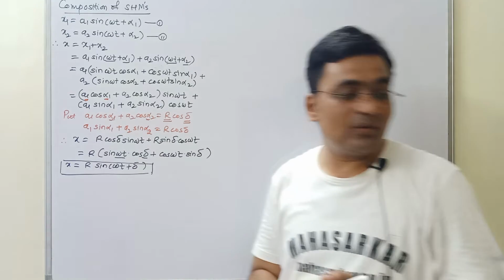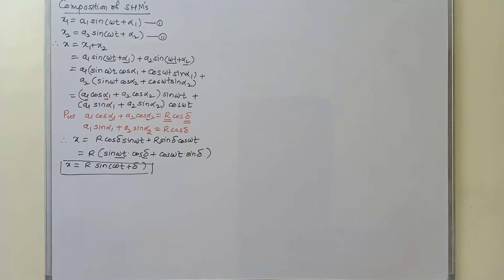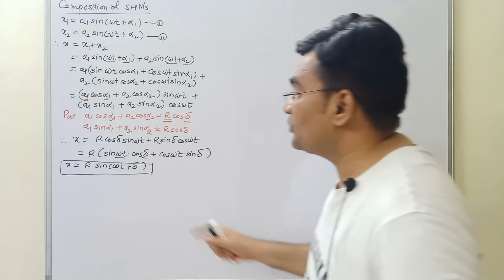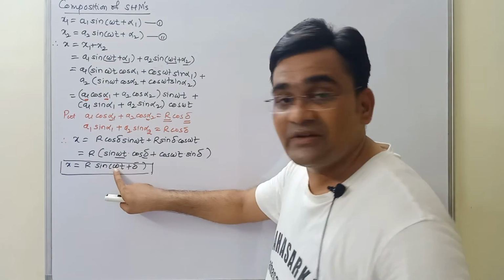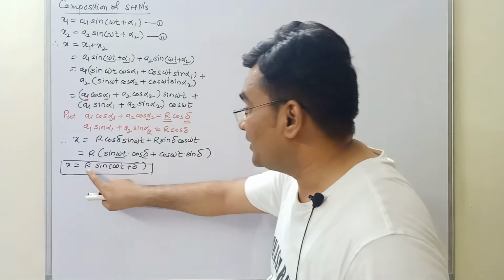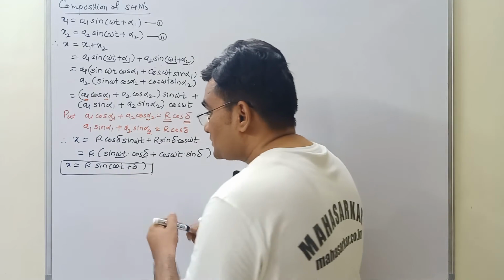the composition of two simple harmonic progressive waves of different amplitude and different phases is also a simple harmonic progressive wave with the same frequency, that is, the same angular frequency omega.